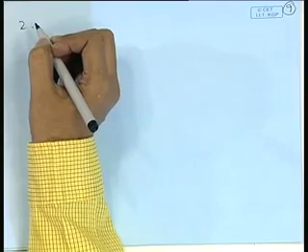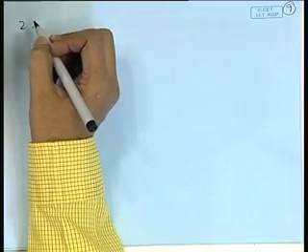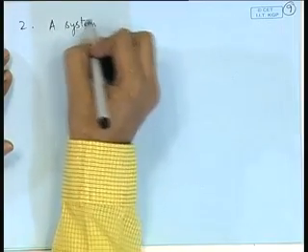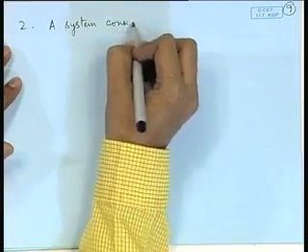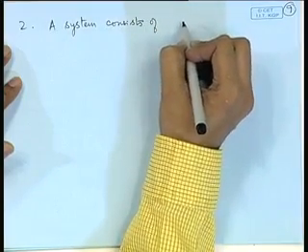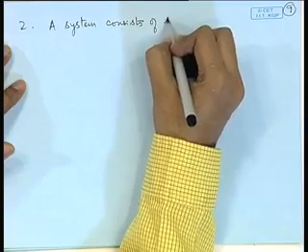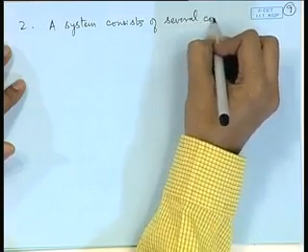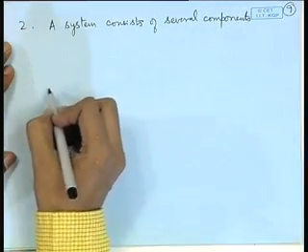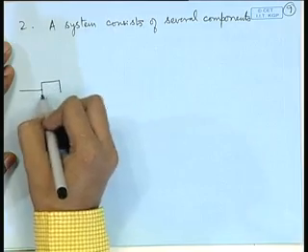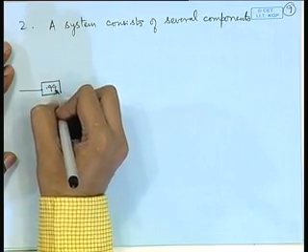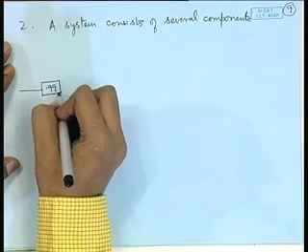Let us consider one more example here. A system consists of several components as shown below. So, the numbers represent the reliability of the component to be functioning.